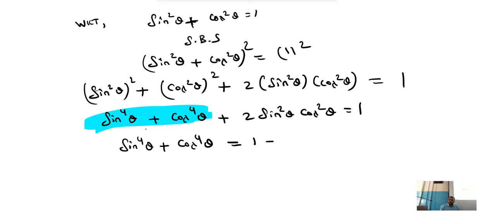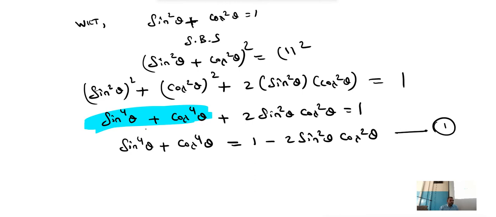It becomes 1 minus 2 sin square theta into cos square theta. Let me write this as equation 1. So we got the value of sin power 4 theta plus cos power 4 theta. We only have to substitute it wherever the question has sin power 4 theta plus cos power 4 theta. Now power 4 is done.